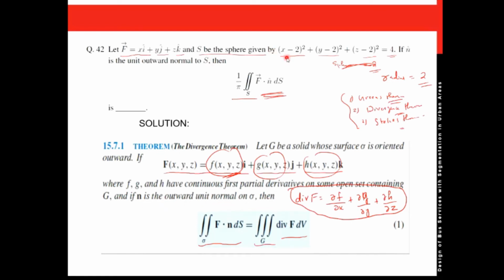So here our surface is a sphere and it satisfies the condition, and it is given that n is the unit outward normal to S. So all conditions for the divergence theorem are satisfied. And look at this function. Here f, g, h have continuous first order partial derivatives. So here f is x, g is y, and h is z.